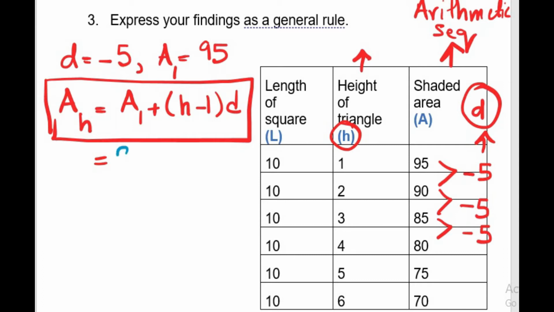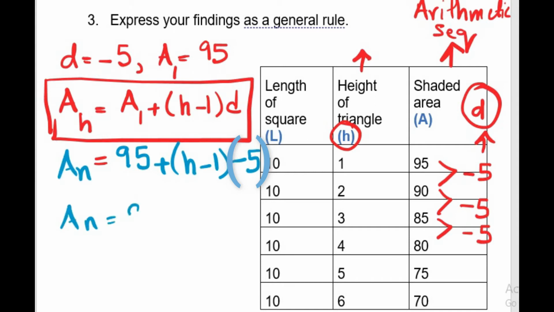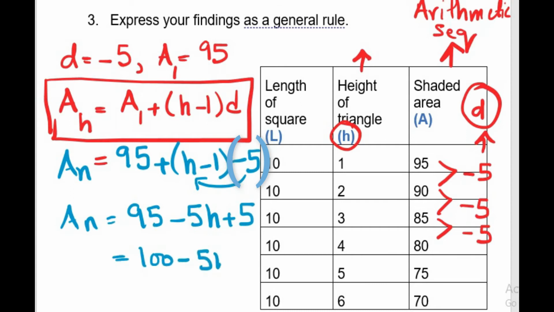Our first term is 95 plus (h minus 1), and the common difference is -5. It's just about simplification. So A_h is equal to 95, and when -5 multiplies inside, it gives us -5h and plus 5, which results in 100 minus 5h.